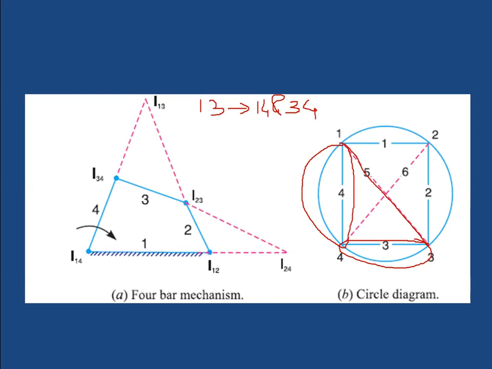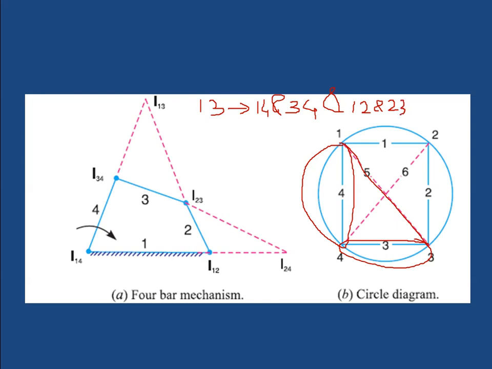So 1 4, 3 4 on this side, and on this other side, which one is there? 1 2 and then 2 3.